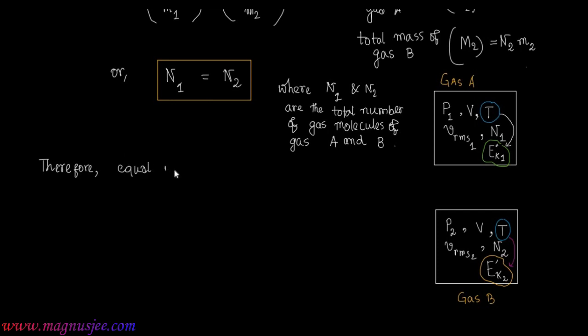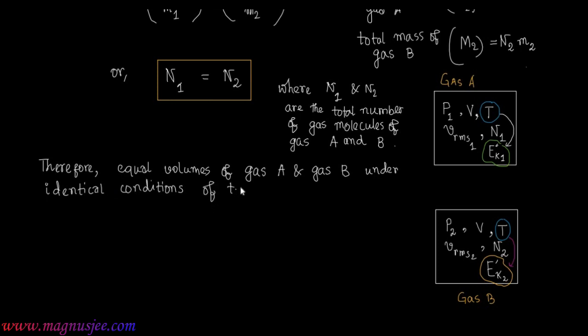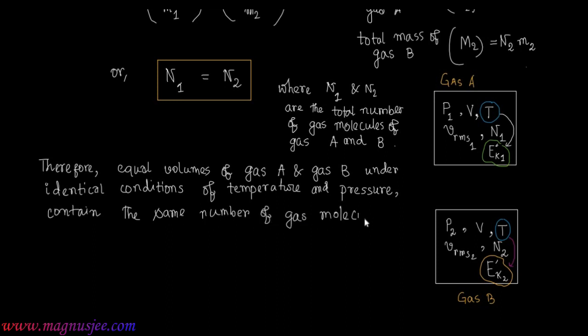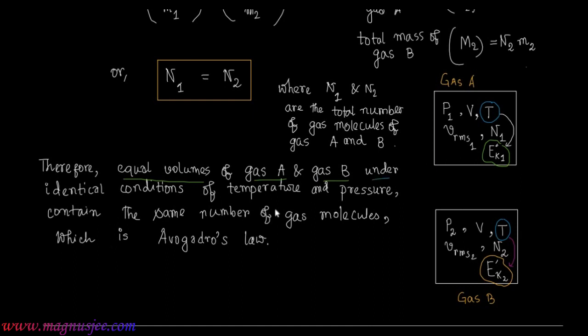Therefore, equal volumes of gas A and gas B under identical conditions of temperature and pressure contain the same number of gas molecules, which is Avogadro's law.